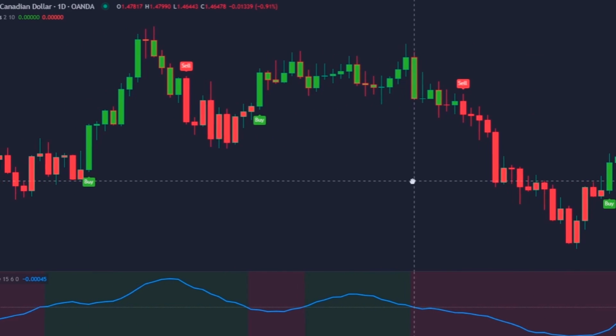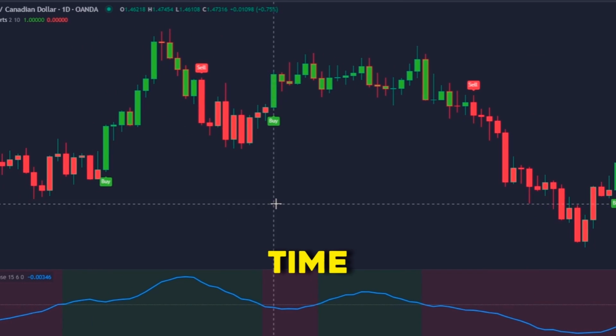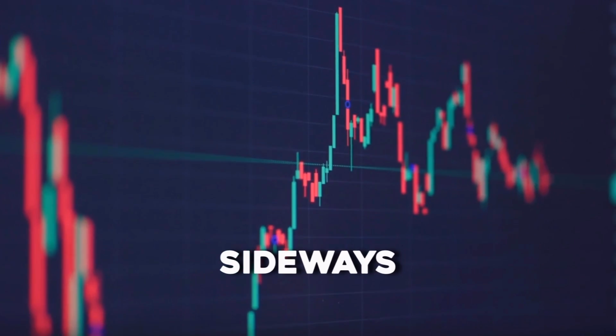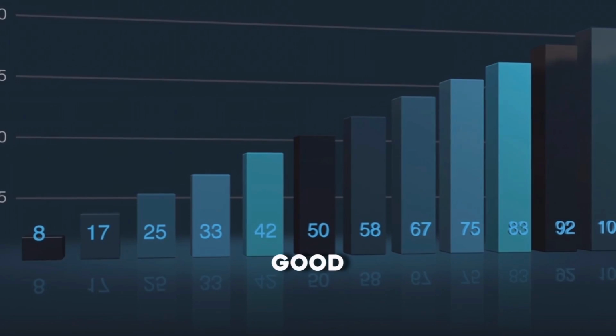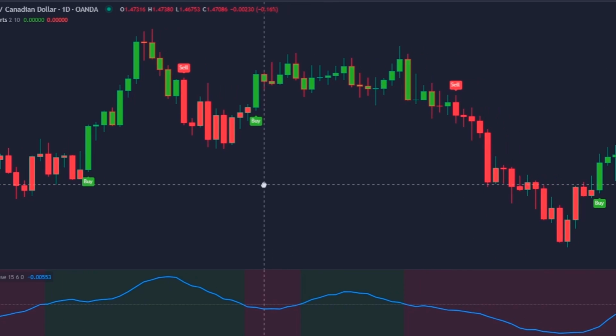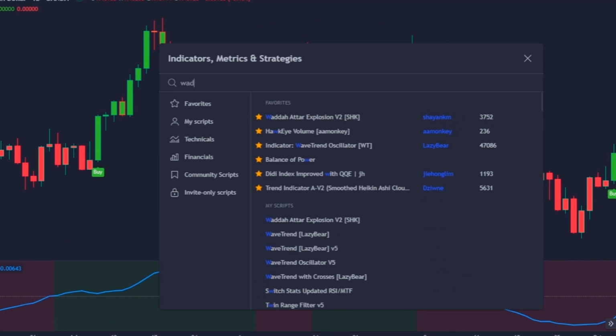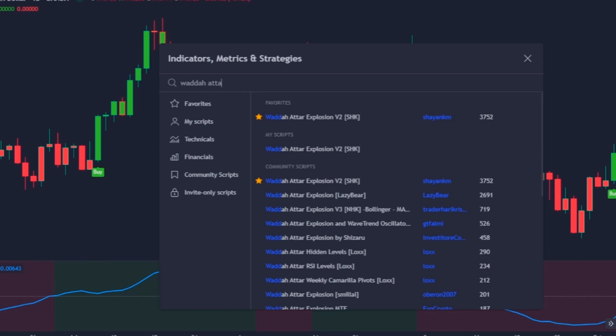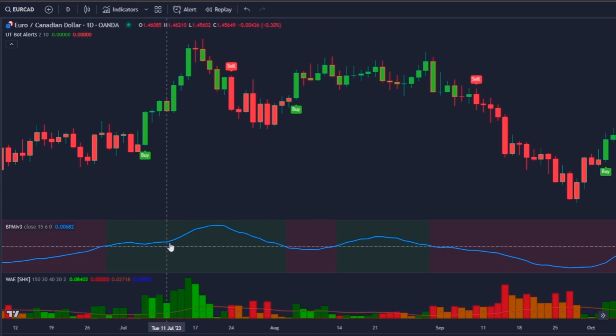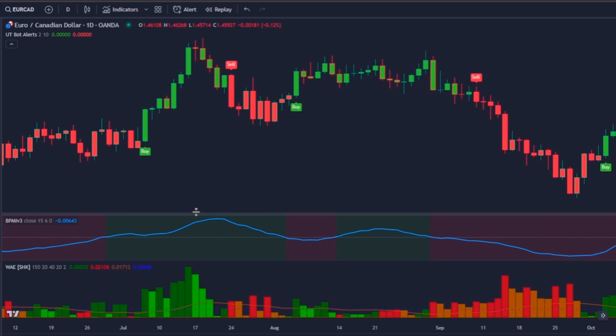Now, as you probably know, about 80% of the time the Forex market trends sideways, so it is highly important to have a good volume indicator that protects us from entering in a sideways market. Let's click again on the indicators tab and search for the Waddah Attar explosion. And you can use this one called V2. This one is a famous volume indicator which works very well on Forex.